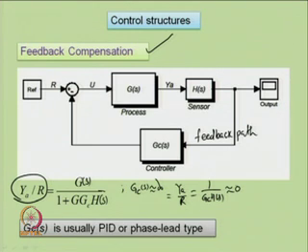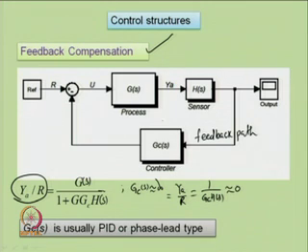Thus, the feedback compensation scheme is expected to have least disturbances. The output is expected to have very less effects of external disturbances.